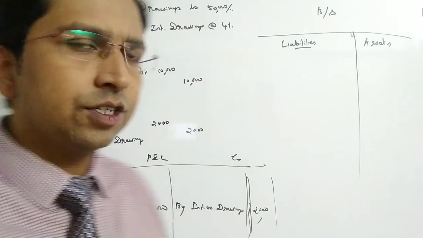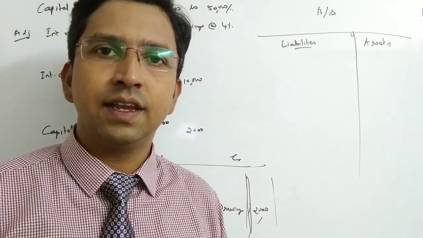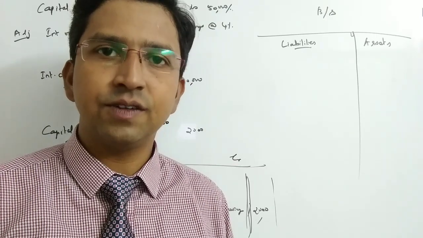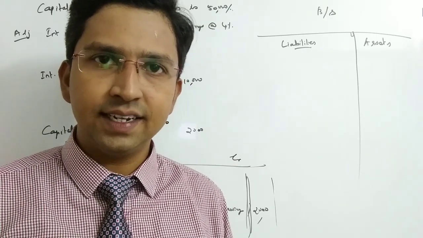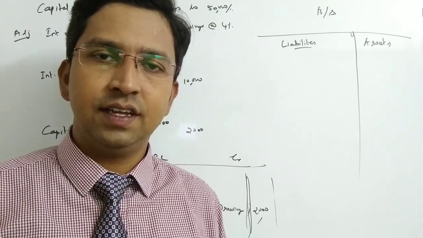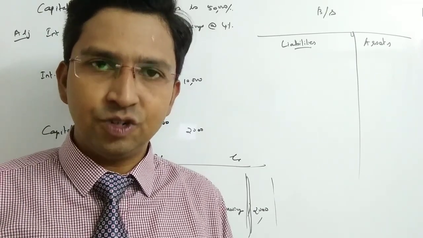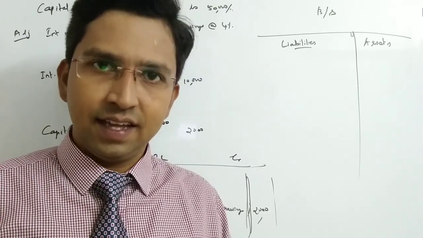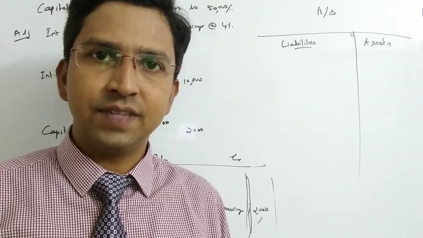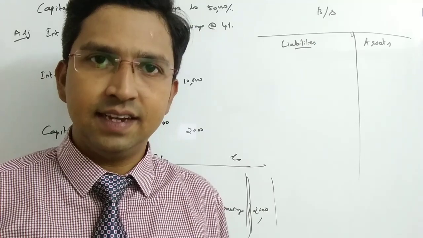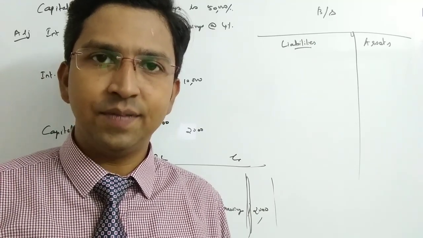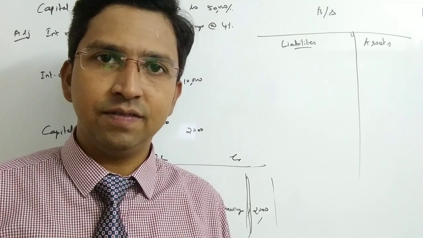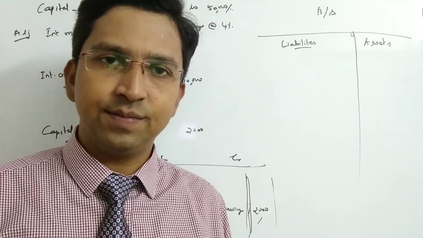The basic structure for capital is, keep in mind: capital account, add interest on capital account, add net profit, then less drawings and interest on drawings from the total sum that we have calculated, then subtract income tax, then the new adjusted capital will be written at the outer column.